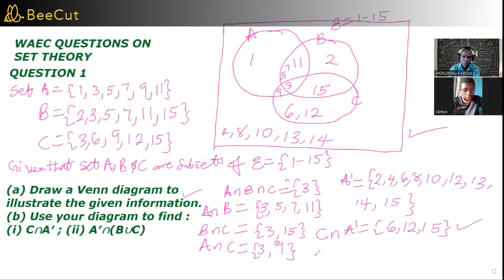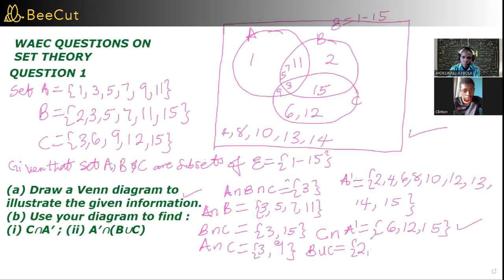And the answer to the second question under that format: A complement intersection B union C. So we firstly need B union C. Let's look for B and C all together, everything that is in B and C without any repetition. We're starting from 2.